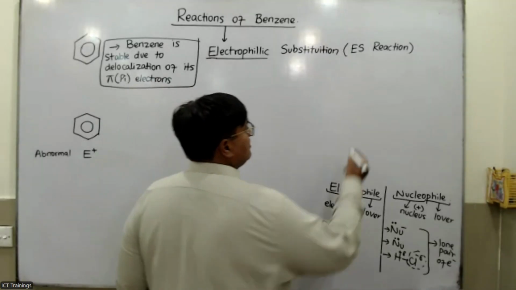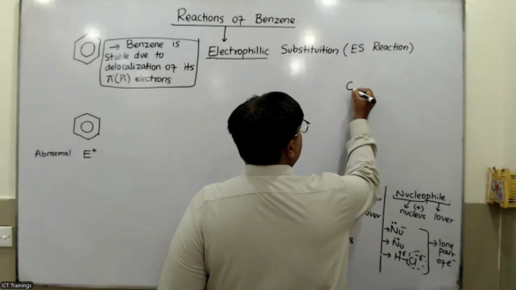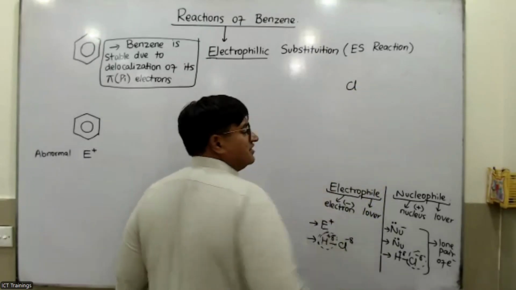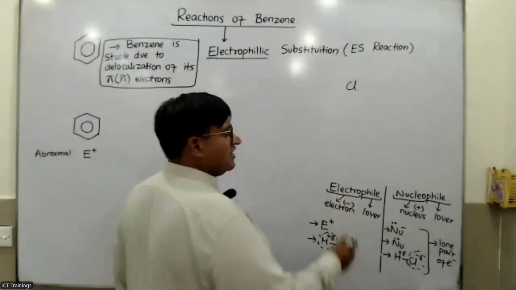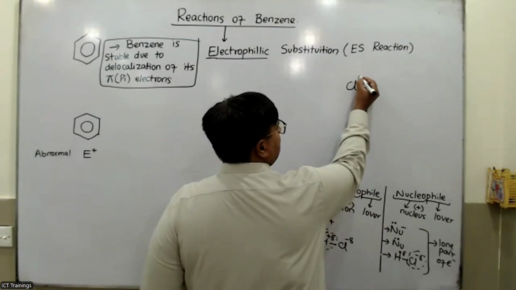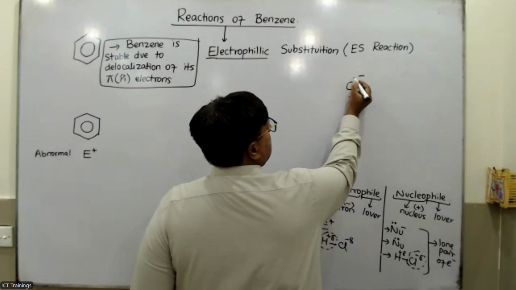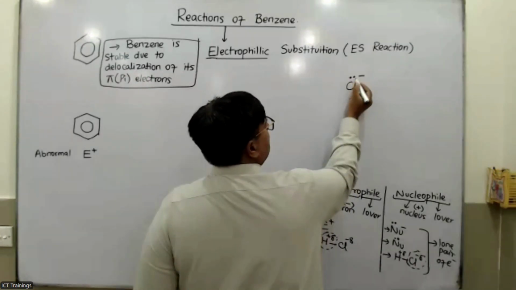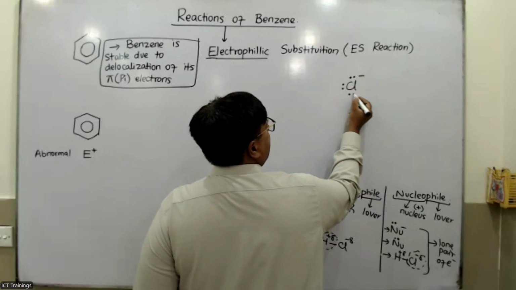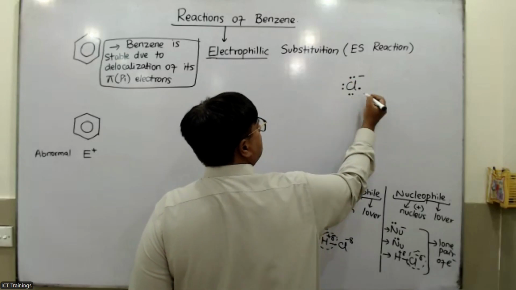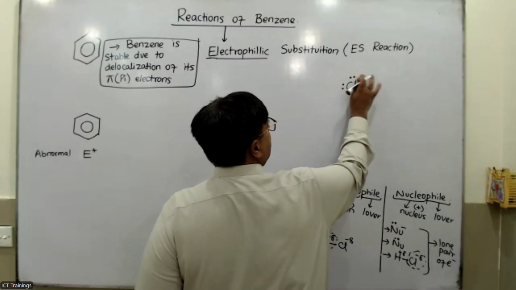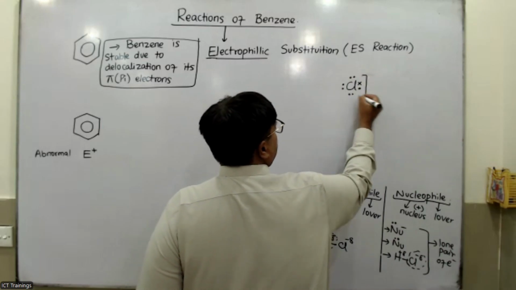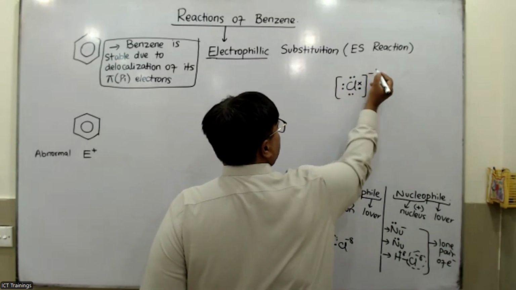Let me explain this. Can anyone tell me what charge chlorine has? Negative charge. Chlorine is a member of group 7. It has 7 electrons of its own, and 1 electron has been taken from something else, so it gets a negative charge.